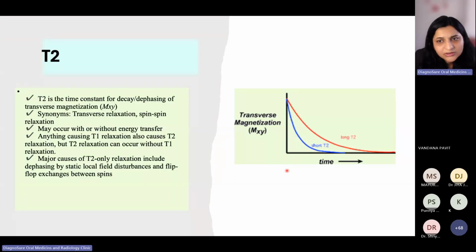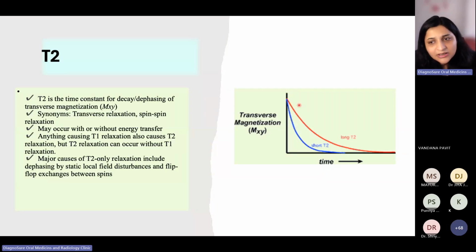T2, or the transverse relaxation, measures how quickly the transverse magnetization decays or loses its coherence after being disturbed by a radio frequency pulse. This is known as spin-spin relaxation. So T2 is spin-spin and T1 is spin-lattice. Unlike T1 relaxation, which involves energy transfer from proton to surrounding tissue, T2 relaxation can happen with or without such energy transfer.